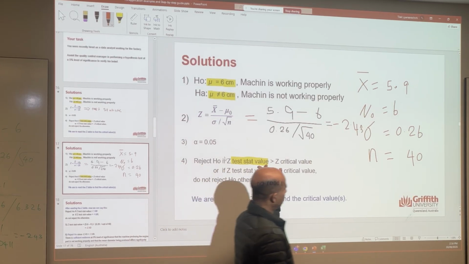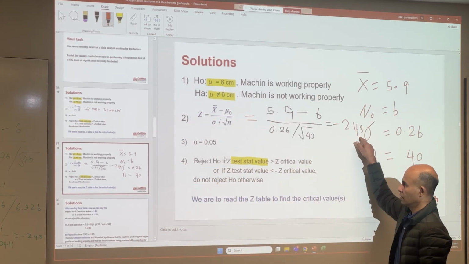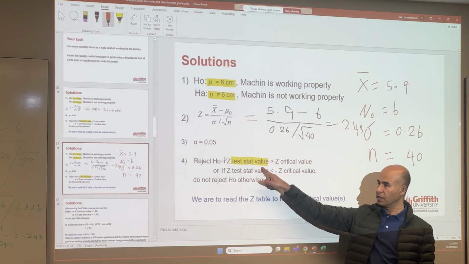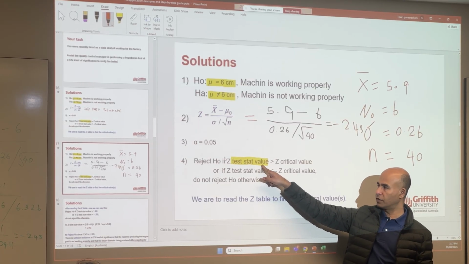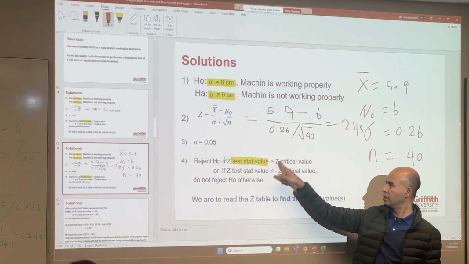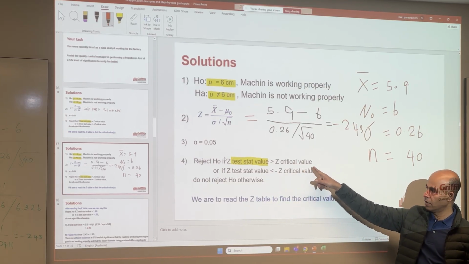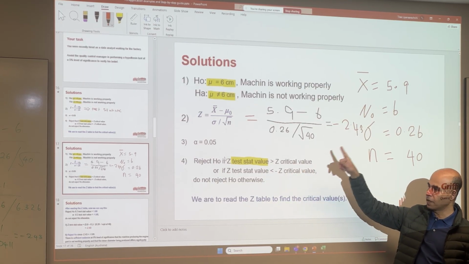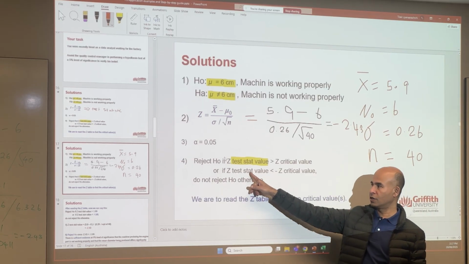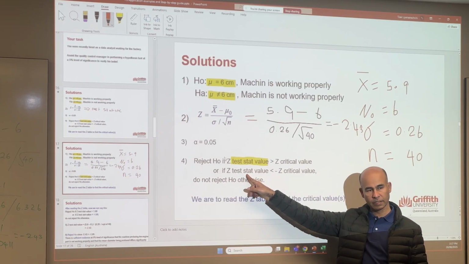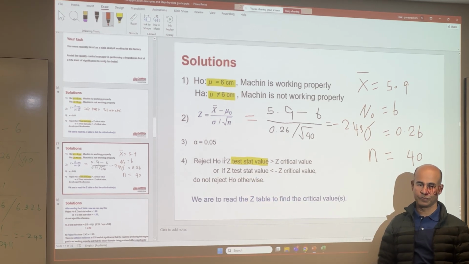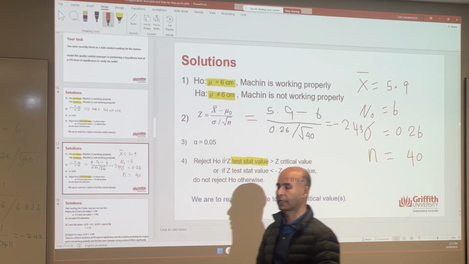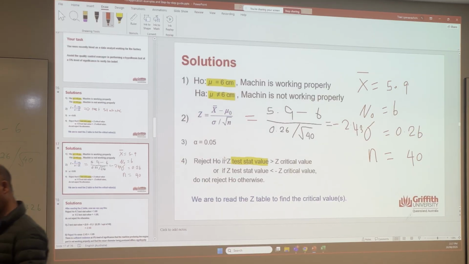This is the test statistic, 2.43, which you already found. You also reject H0 if your test statistic is less than the negative critical value. That's all about hypothesis testing.